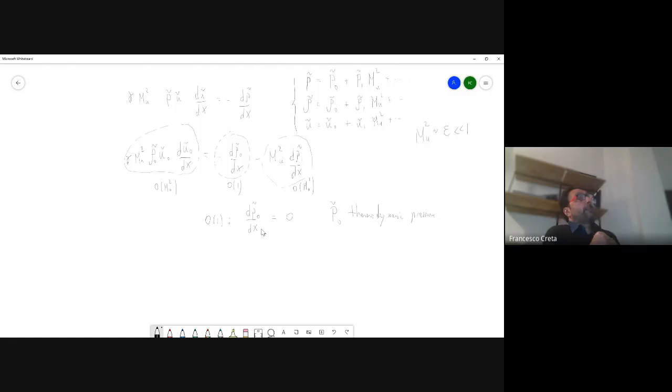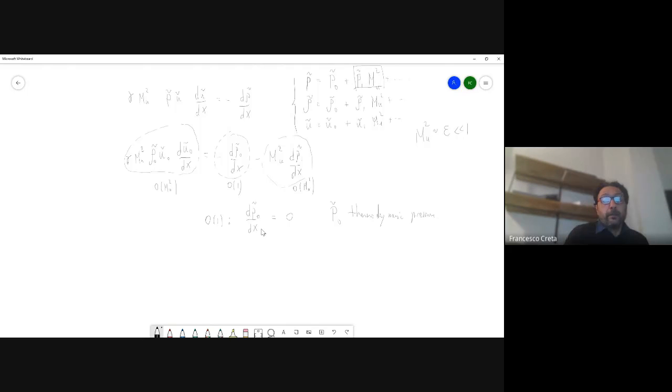Say, for example, you have a premixed flame at 20 bar. This would be the 20 bar, the bulk, the actual leading order of the pressure. Now, this other term here will be a small perturbation of that.